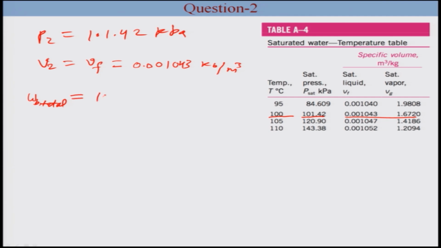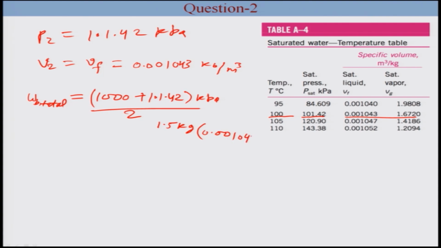So after putting these values in expression 1, we get total work equal to (1000 plus 101.42 kilopascal) upon 2 into mass, which is 1.5 kg, times the change in specific volume, which is 0.00104 minus 0.059097 meter cube.